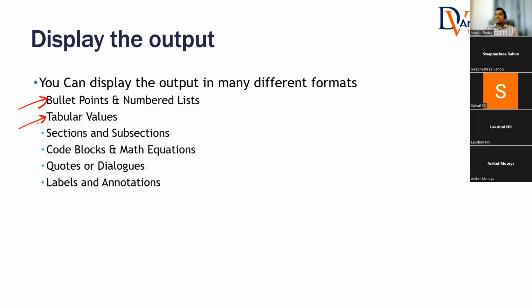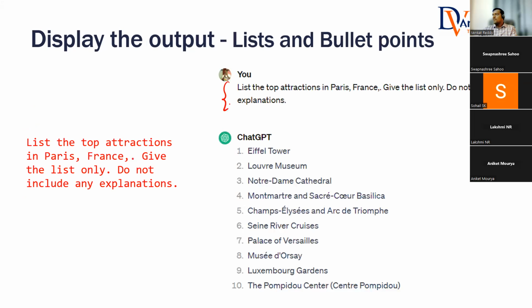Tabular values, sections and subsections, code blocks, quotes and dialogues, labels and annotation. These are different display formats. For example, you can say list the top attractions in Paris and France and give me in a list format like this. Do not include any explanations.